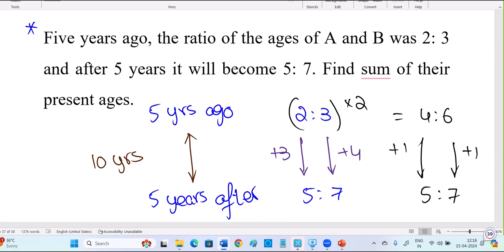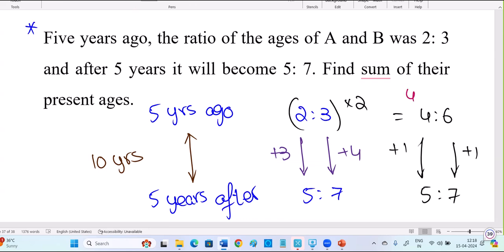It depends on the question. If you're not getting the idea, that's why we gave one more standard method. Take 2k, 3k. Then present is 2k plus 5, 3k plus 5. After 5 years means 2k plus 10, 3k plus 10 equal to 5 by 7. Find k and you do that. That method is already there. But if you got the idea of modifying the ratio, you can do all the things in one step.